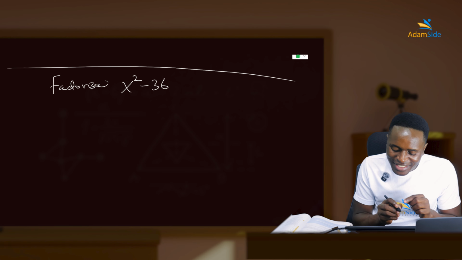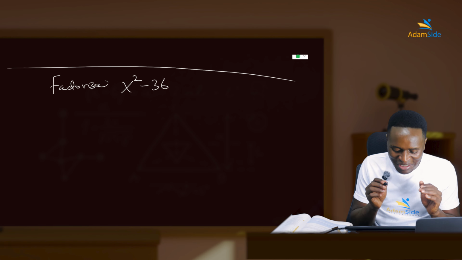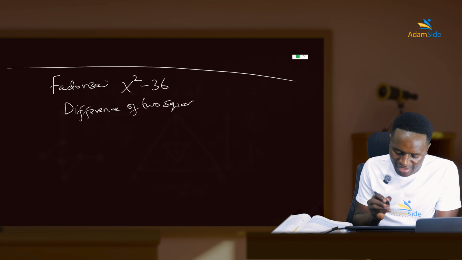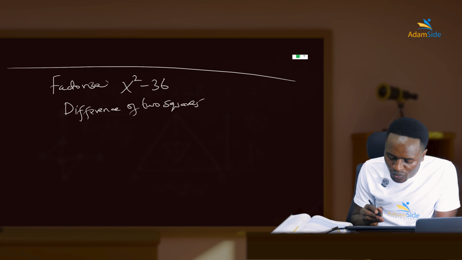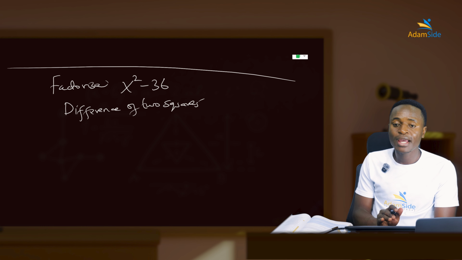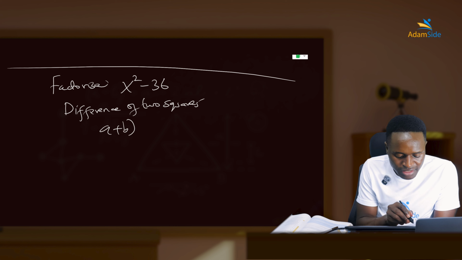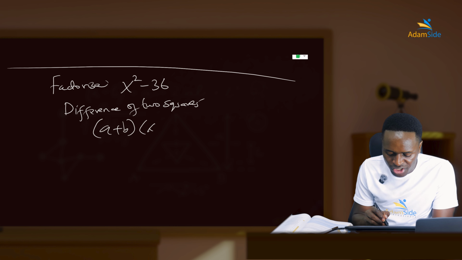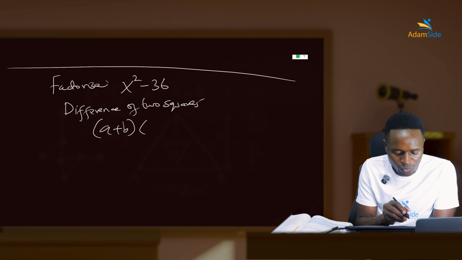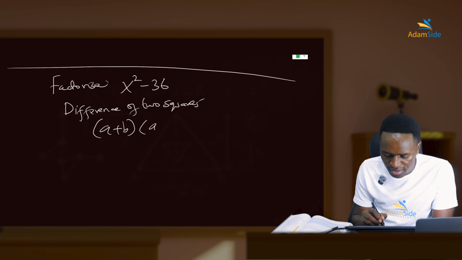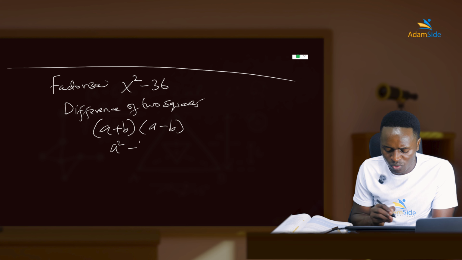Oh, this is simple. Remember, a difference of two squares. When you had a similar algebraic equation with different signs, you took the negative and you squared each term.